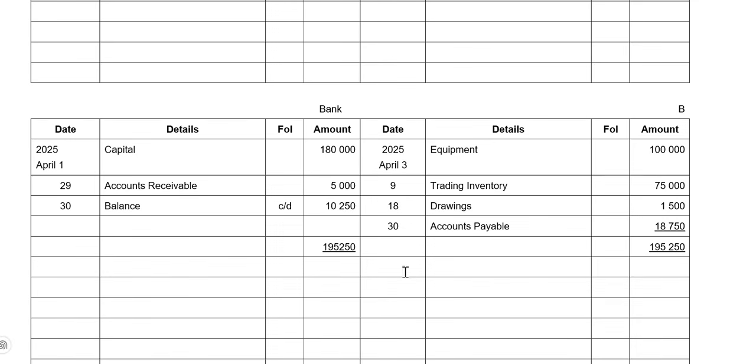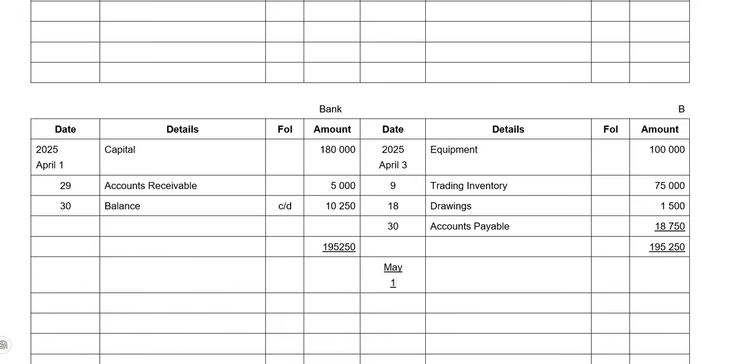Then on the first day of the next month, May 1, balance. That's underlining everything. It shouldn't, or you shouldn't. You only underline the totals. 10,250. That is the balance brought down.